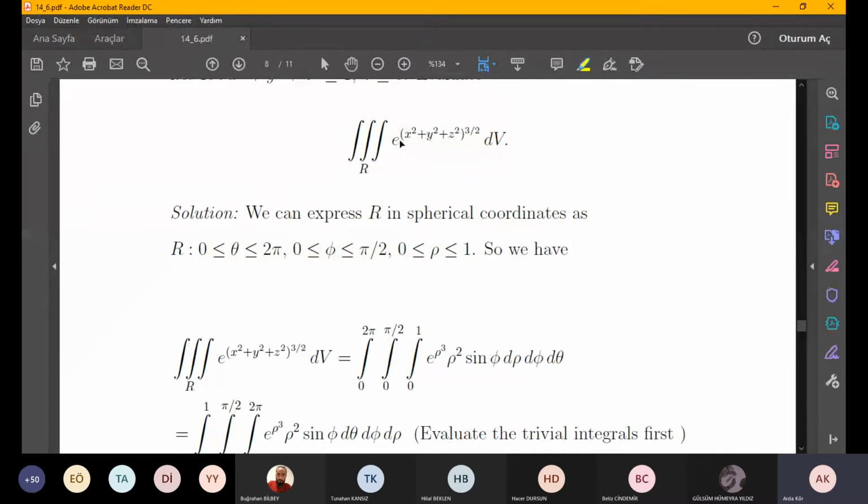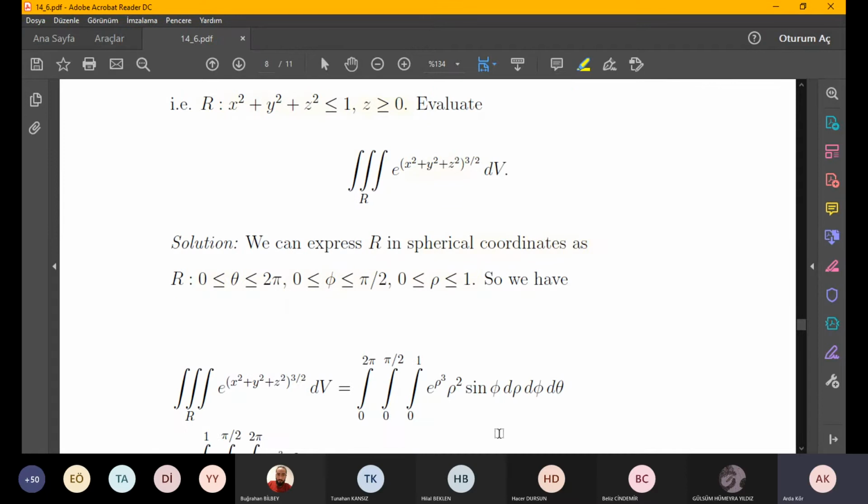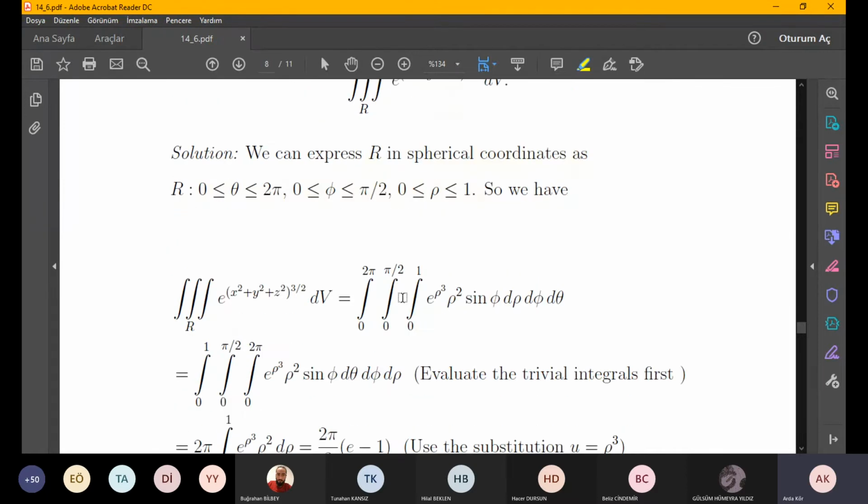So here x squared plus y squared plus z squared is rho square, so that means f of x, y, z equals e to the rho cubed in terms of spherical coordinates. And we already saw that the Jacobian is rho squared times sine phi.